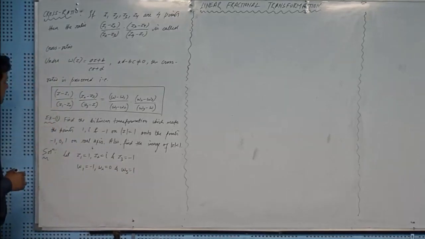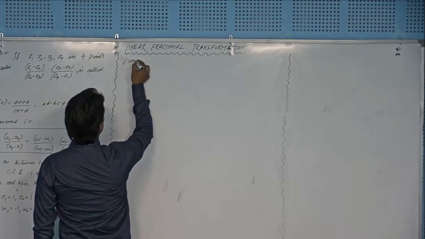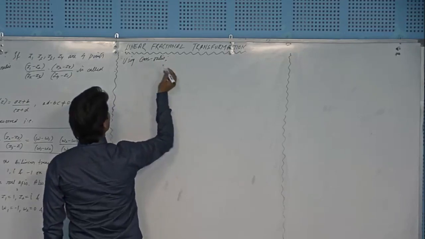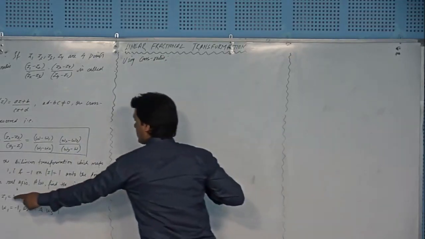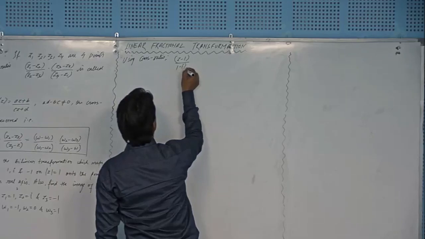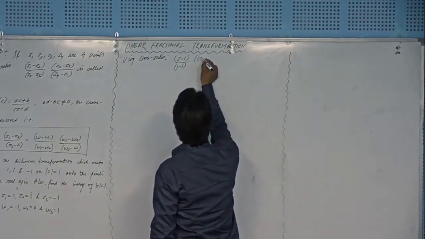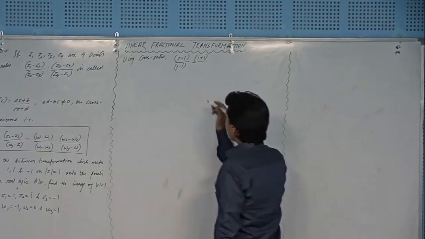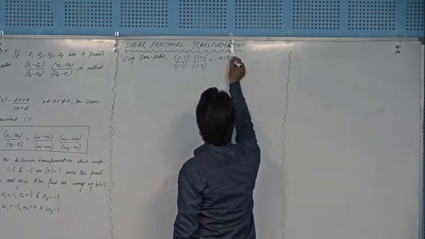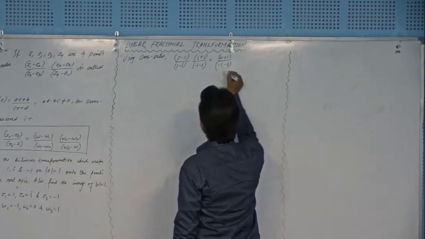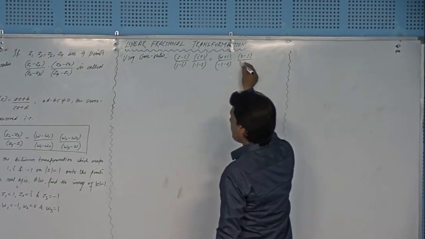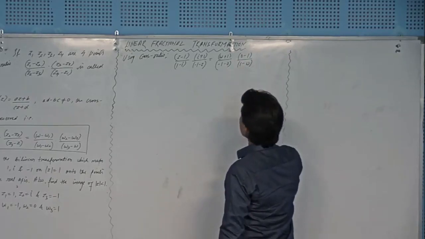Now I will use this formula, and that will give me, using cross ratio, I will have z minus z1, z1 minus z2, and z2 minus z3, and z3 minus z, and similarly w minus w1, that will be +1, w1 minus w2, and w2 minus w3, and w3 minus w, right?